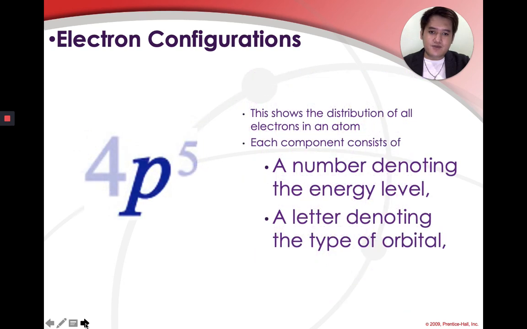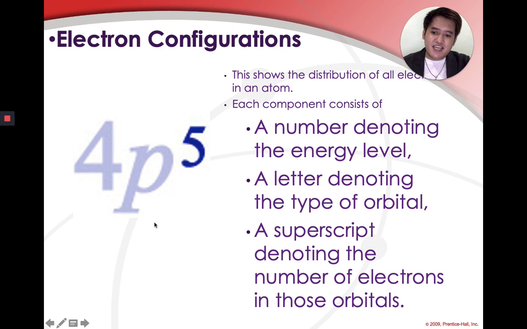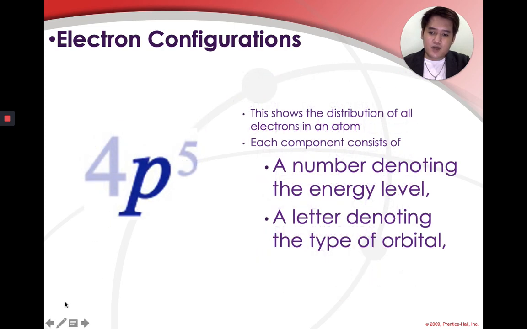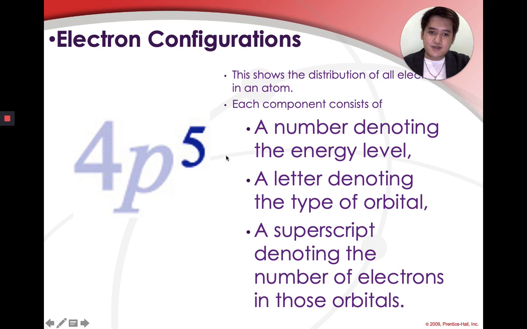Okay, so going back, how is this relevant? Electron configurations are actually the result of studying the quantum numbers. Here, this shows the distribution of electrons in an atom. Each term in the electron configuration has a number denoting the energy level. So this is 4, okay?